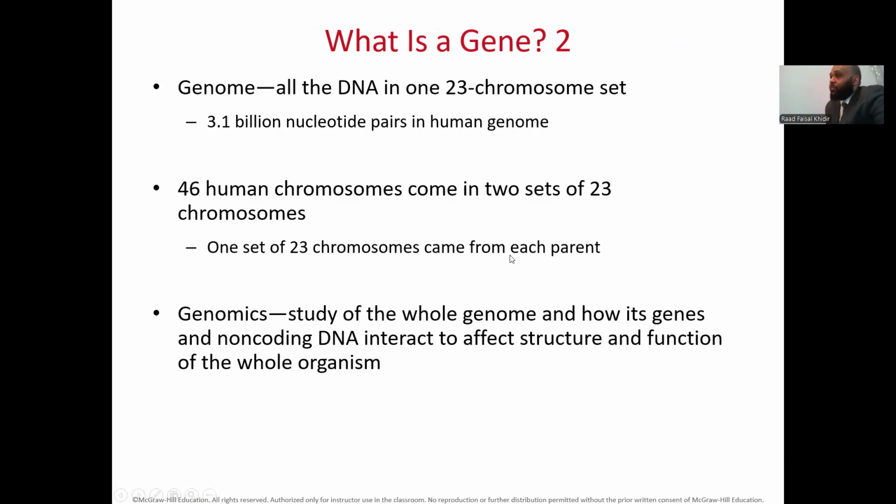They're going to fuse together to give you the zygote. And genomics is the study of the whole genome and how its genes and non-coding DNA interact to affect the structure and function of the whole organism.